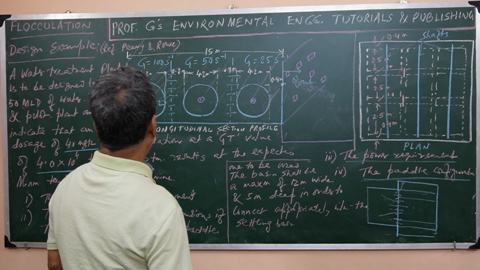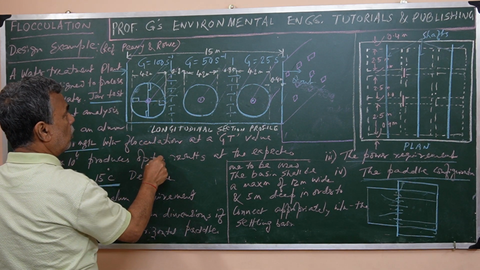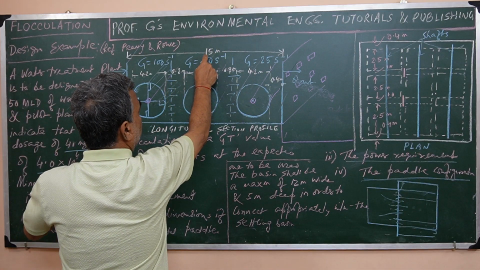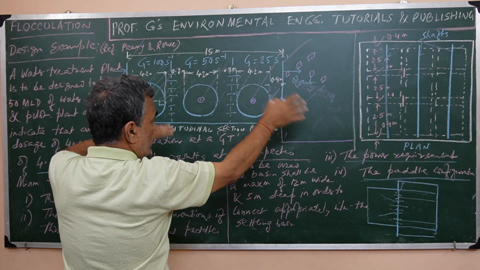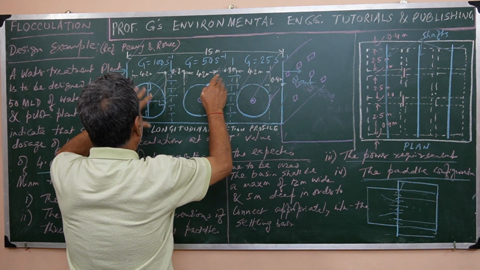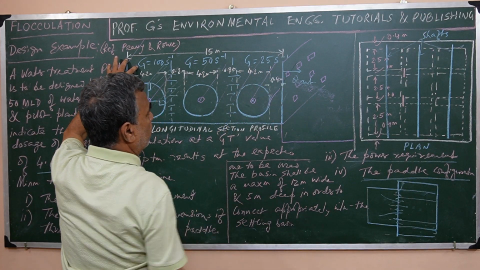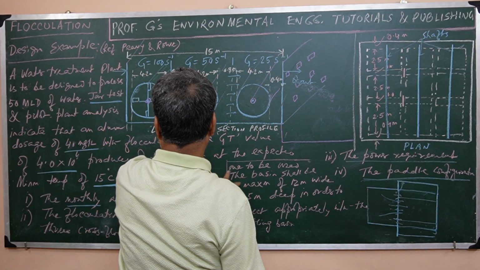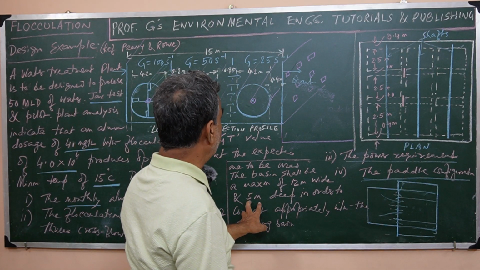So here you see that this is given like that. This 15 meter is the length. If you ask me how we get it, I am coming to the calculations. Based on calculations, it has been taken as 15 meter length, and the depth is 5 meter as it is written here.